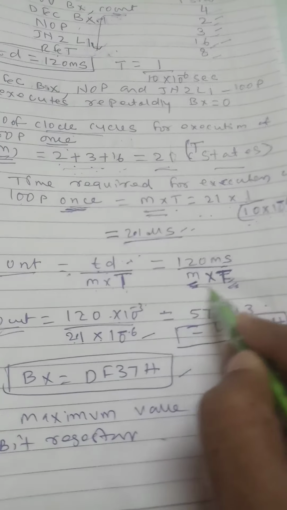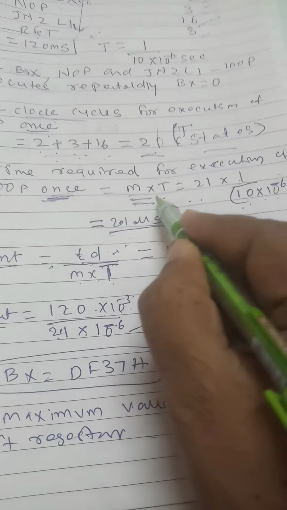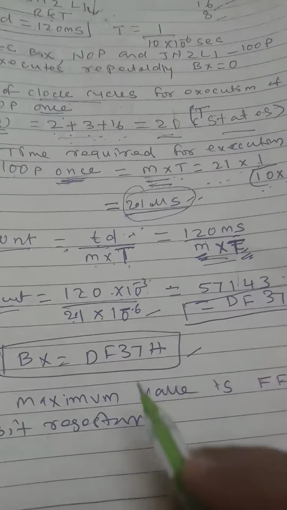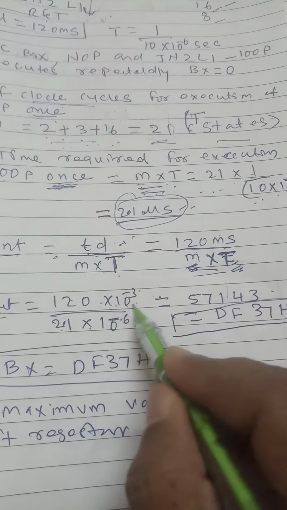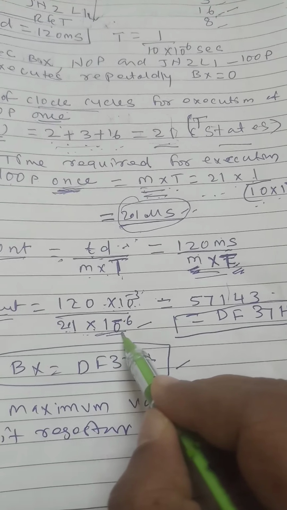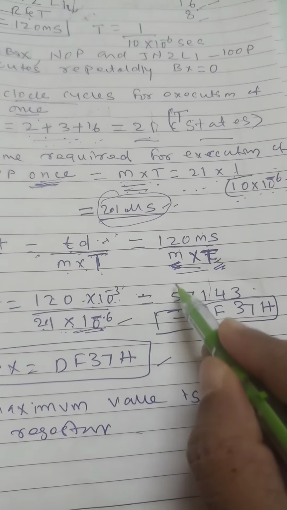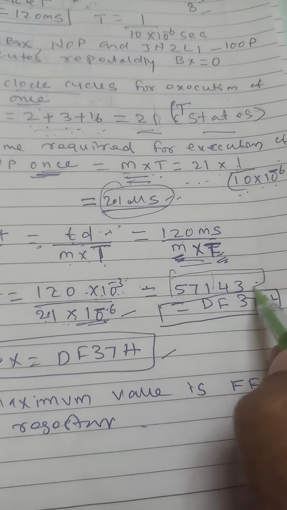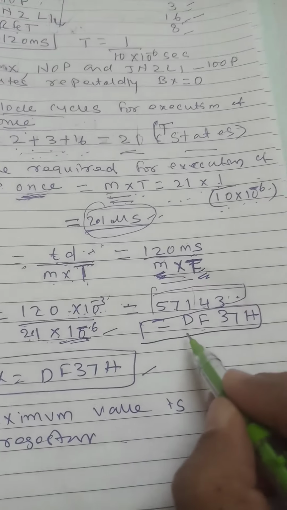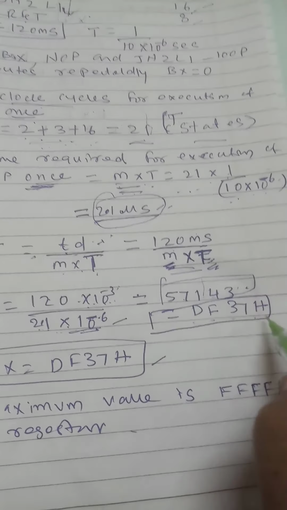So here you can see we already found m into t, 2.1 microsecond. So 120 into 10 to the power of minus 3 divided by 2.1 into 10 to the power of minus 6. That gives, in decimal value, 57143. If you convert it into hexadecimal, it is DF37H.